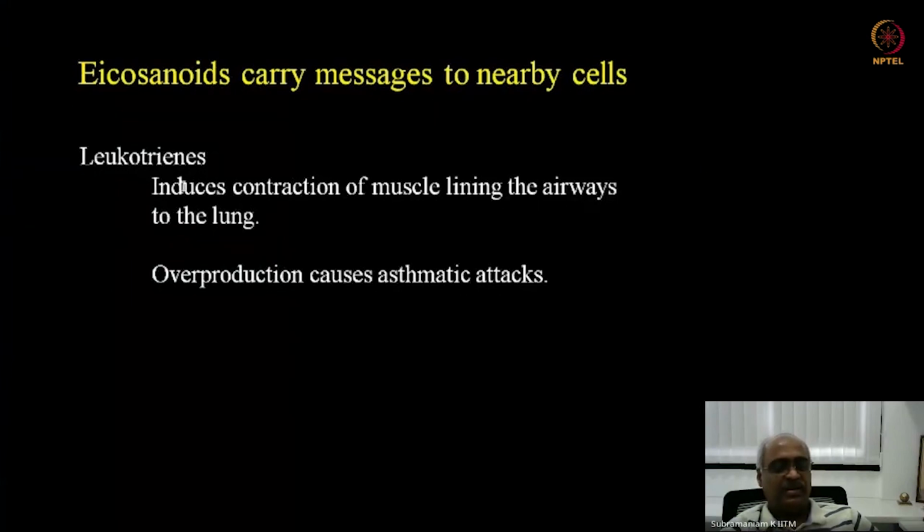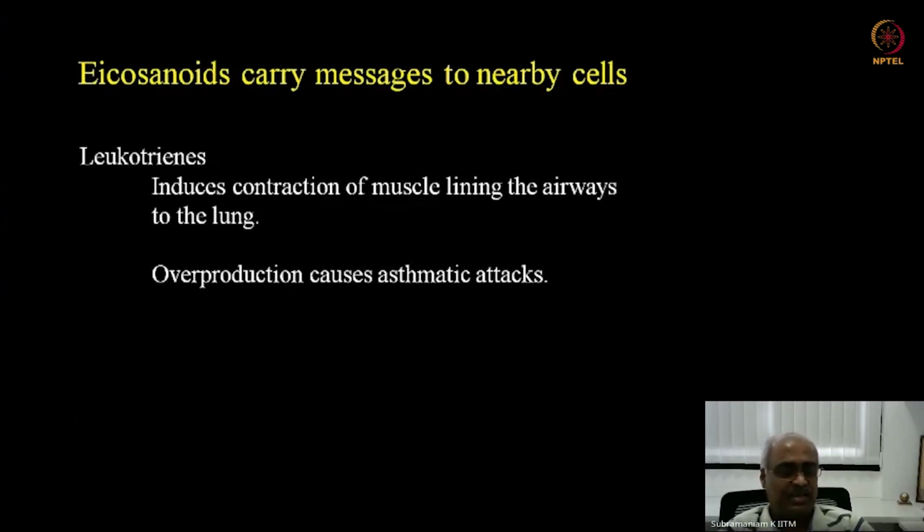So the third one is the leukotrienes. Okay, so leukotrienes are involved in contraction of the muscle linings of the airways of the lung. So as a result, too much leukotriene means constriction of airways, and therefore you don't breathe well, and that is the cause of asthma.